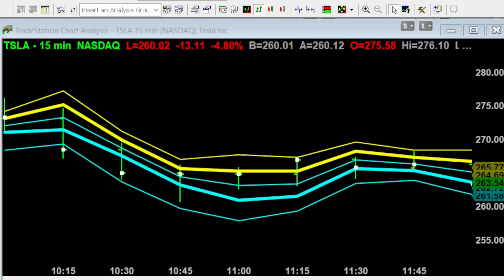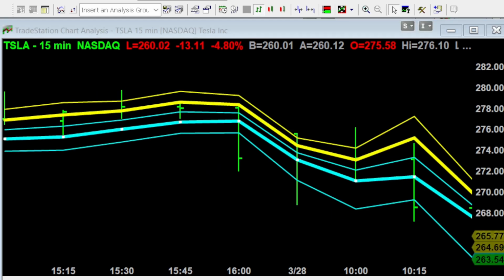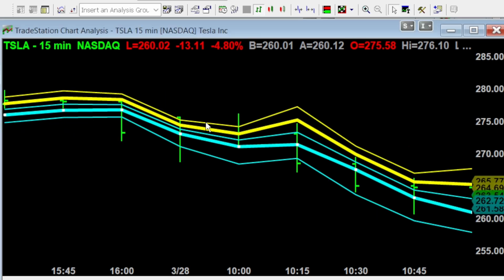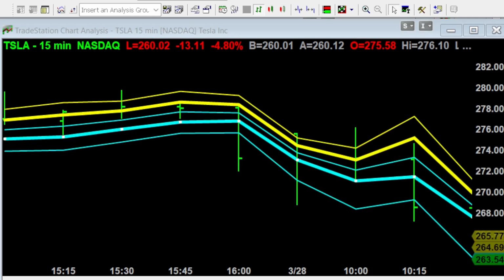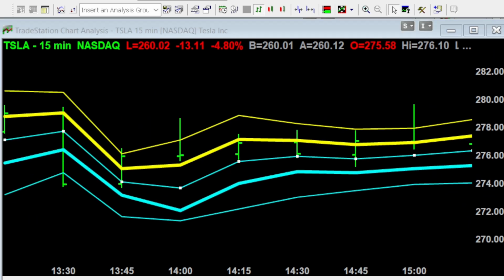So basically it still fluctuates among these trend lines even within 15 minutes. 15 minutes is still within the 60 minutes time frame. So when you see this kind of decreasing trend, you will know that the 60 minutes time frame has a downward trend within that 60 minutes chart.